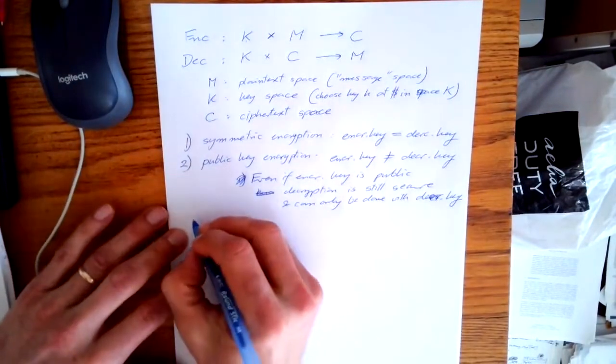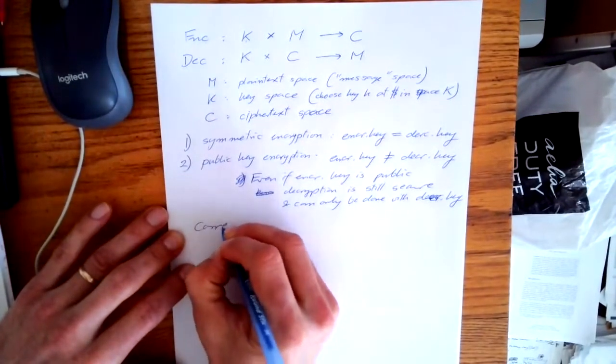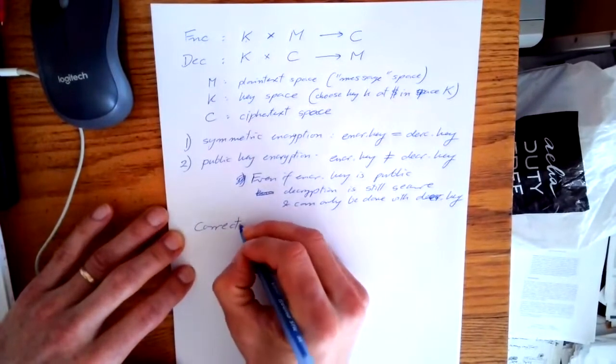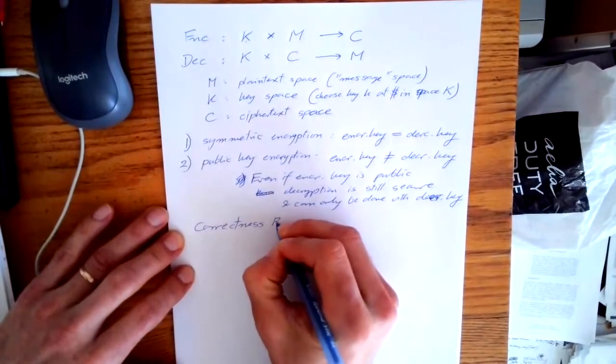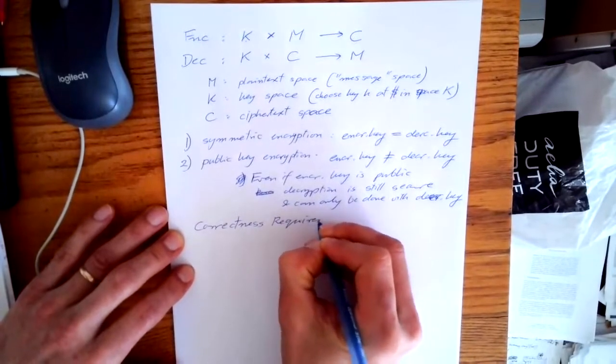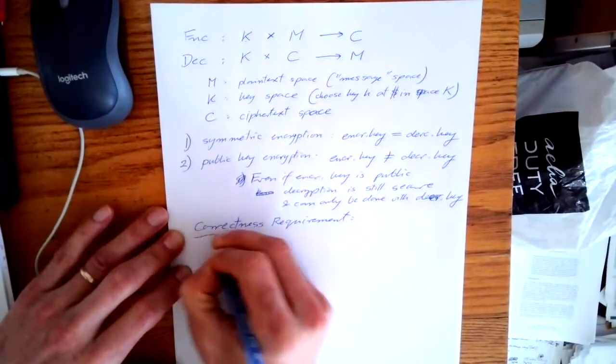Okay, so the encryption schemes have to satisfy the following, what I'm going to call the correctness requirement.